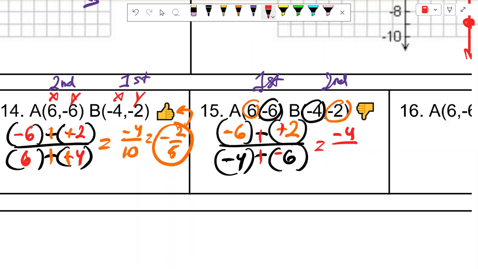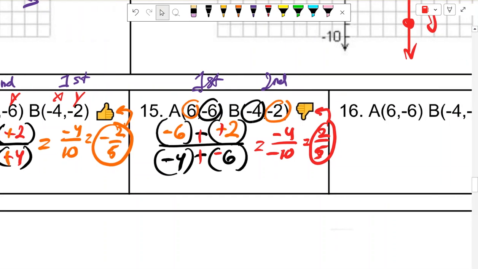And -4 plus -6 is -10. Well, a negative divided by a negative is actually a positive 2/5. See that? That is no good because it is a negative slope and we got a positive value. So that's a big indicator that we messed something up big time.